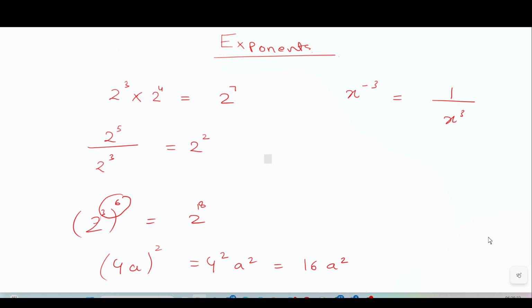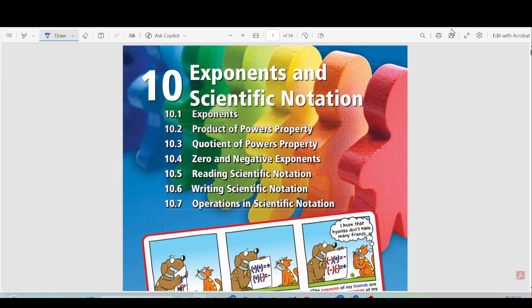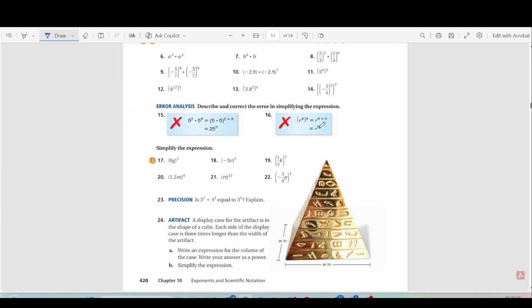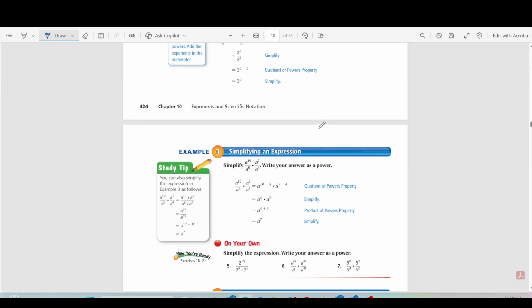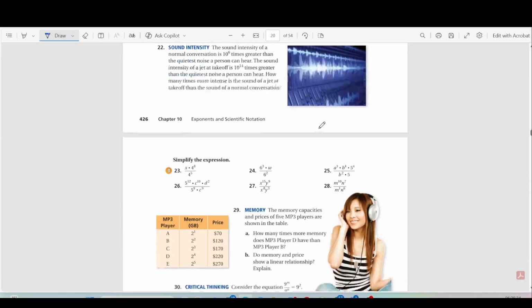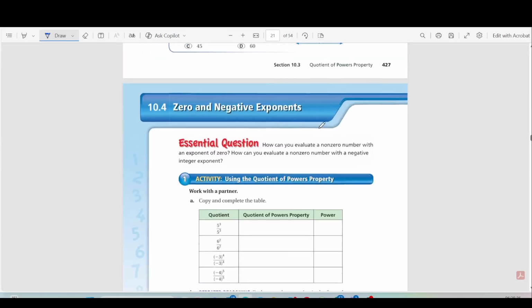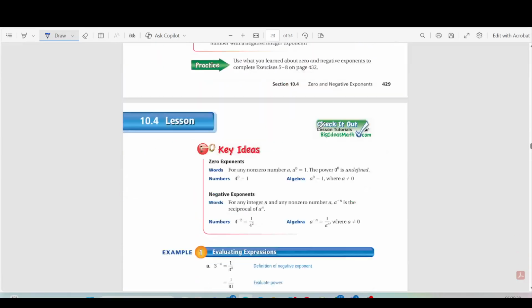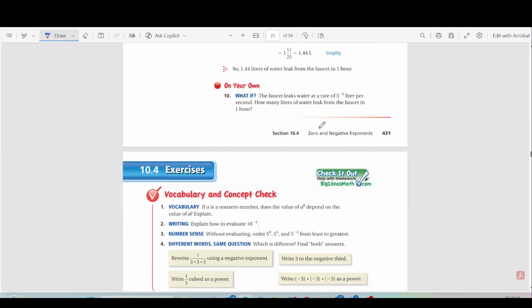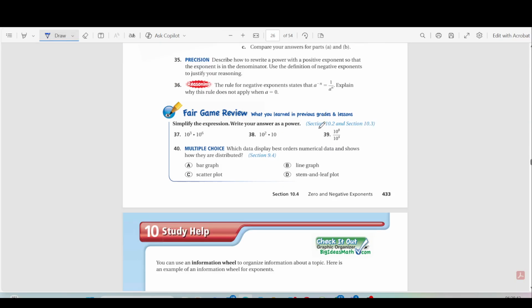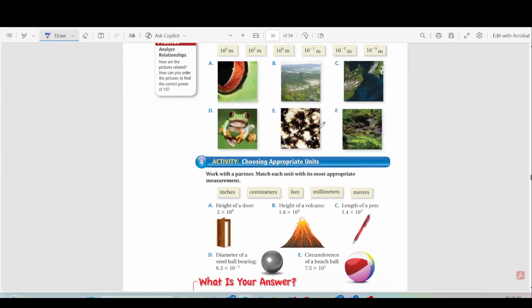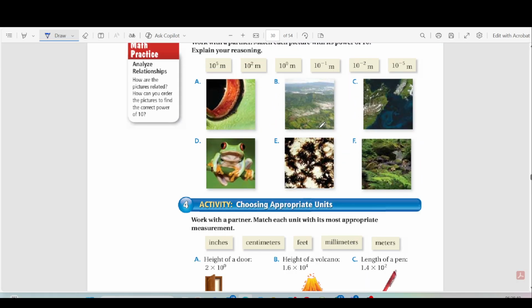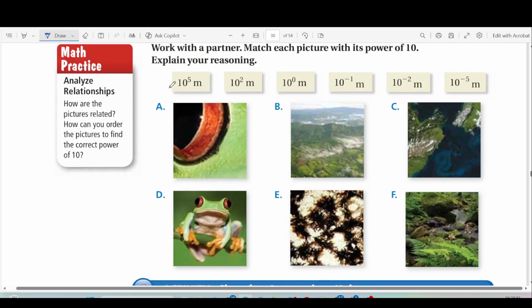Even in scientific notation, because it is related. In scientific notation, if we have a huge number or a very small number, we use the scientific notation method because it removes the confusion. Let me show you. For example, 10 to the power 5 meter.